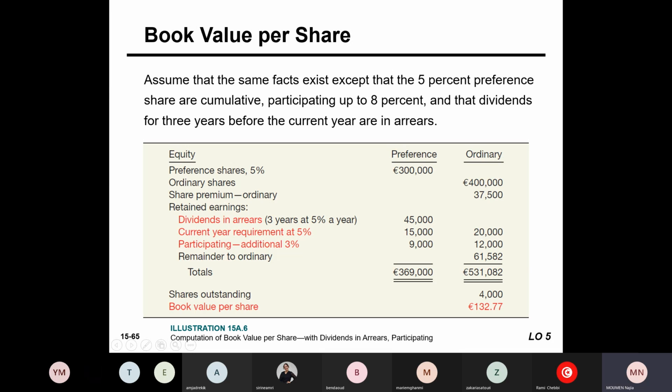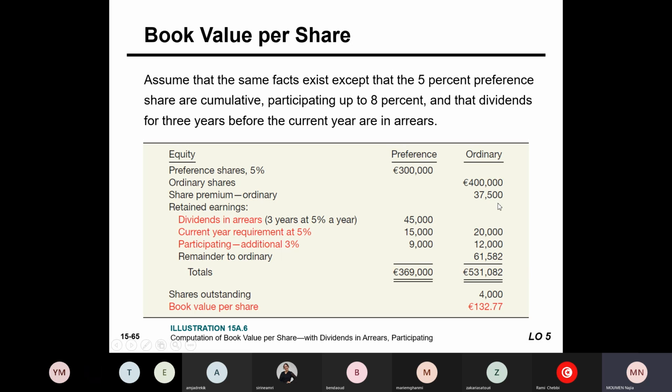Additionally, they participate and receive in addition 3%. So 3% times the 300 is 9,000, then also 3% times the 400 is 12,000.